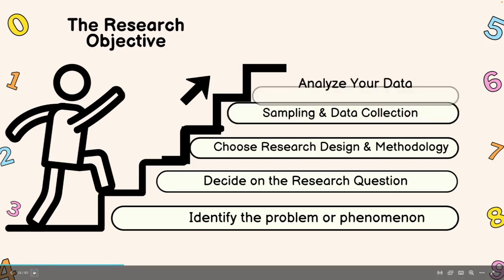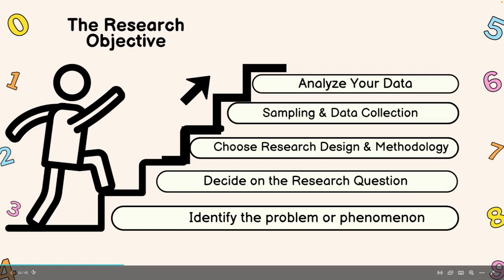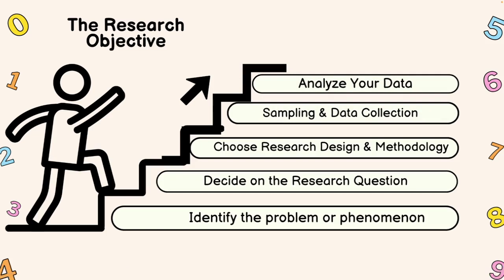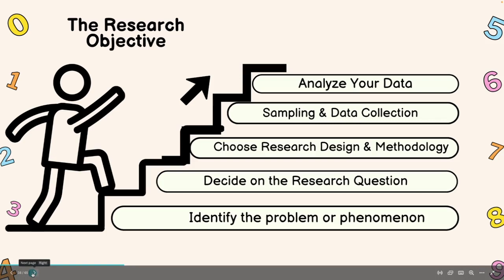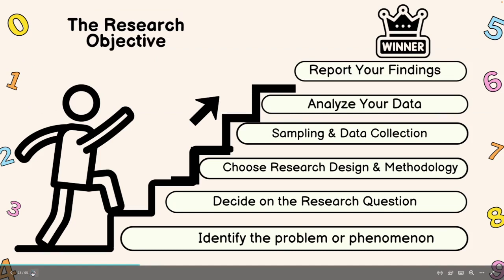Once you've collected the data, now you can apply the statistical techniques, which you're going to master in the course, and then you can report on your findings and be rewarded for your endeavors.